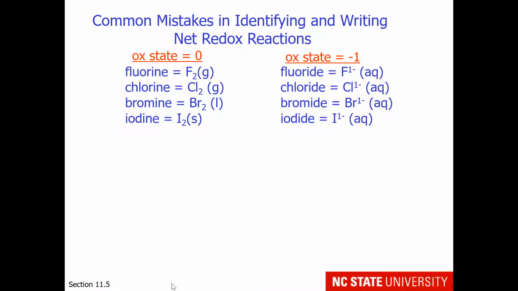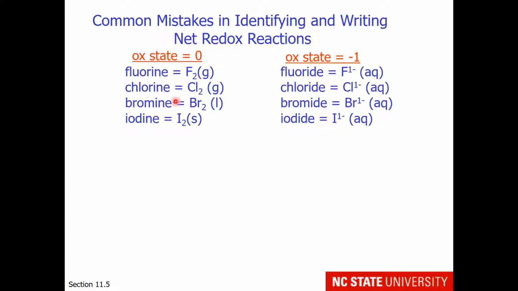I want to point out to you some common mistakes when you identify and write net redox reactions. Part of this is related to vocabulary. Please notice that fluorine is F2, whereas fluoride is F1-. Remember that the ides are monoatomic anions.